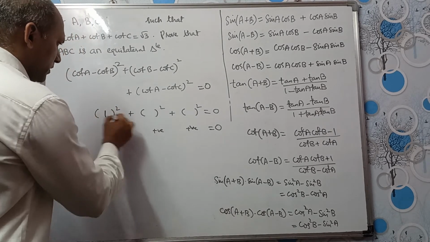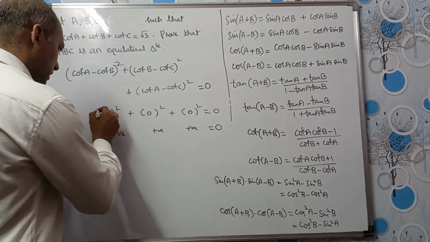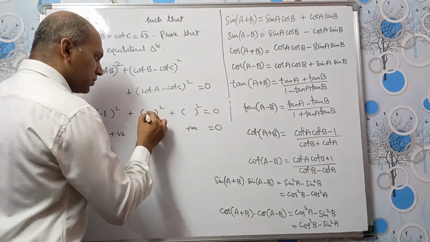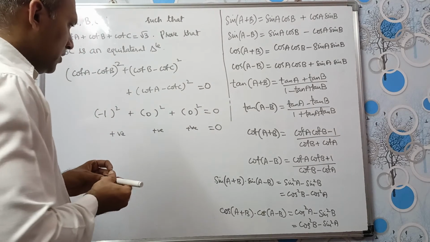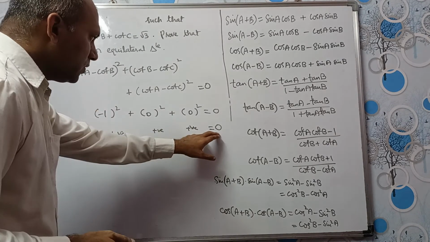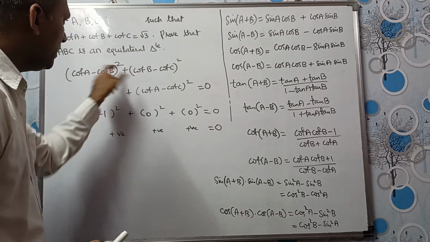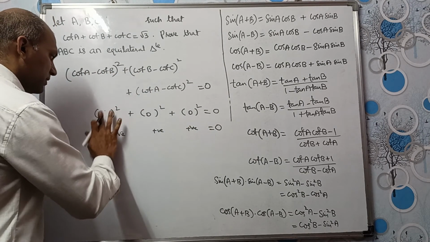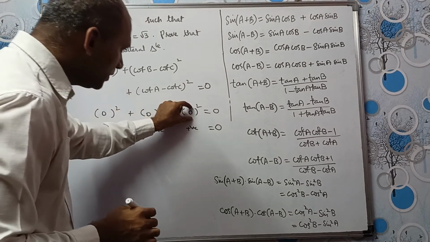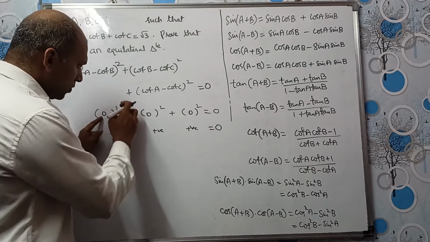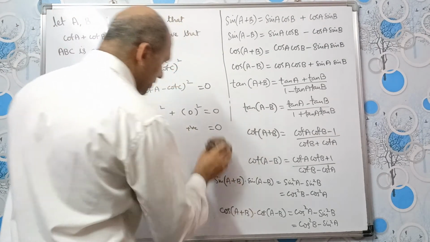If you write 1 here and 0, 0 here, do you think it will be equal to 0? No, right? If you write minus 1 here and these two are zeros, will it be equal to 0? No, right? This will be equal to 0 only if every number here is 0. So 0 square is 0, 0 square is 0, 0 square is 0.